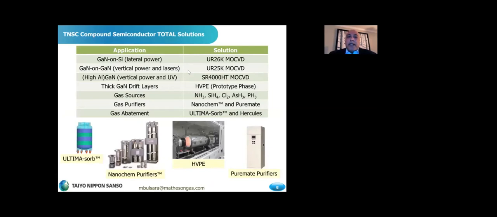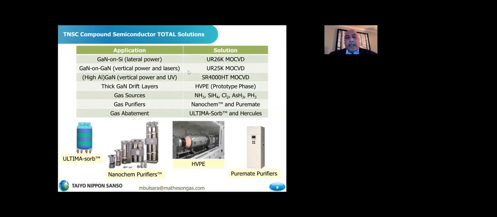To summarize, TNSC compound semiconductor capabilities are total. They can provide solutions for gallium nitride on silicon with the UR26K, gallium nitride on gallium nitride vertical power devices and lasers with the UR25K, and high aluminum content aluminum gallium nitride alloys which are used for vertical power and UV LED applications, the SR4000 HT.